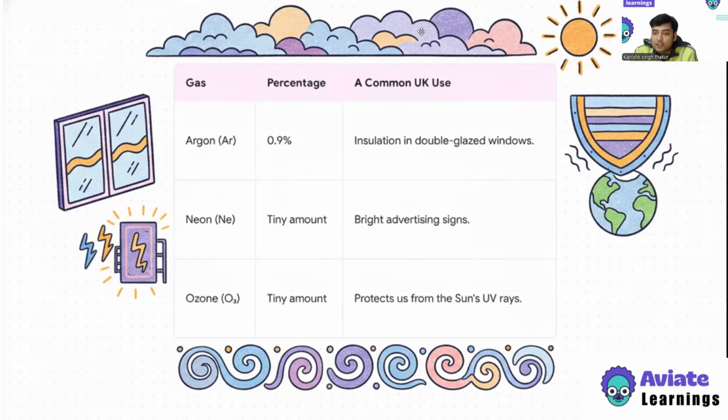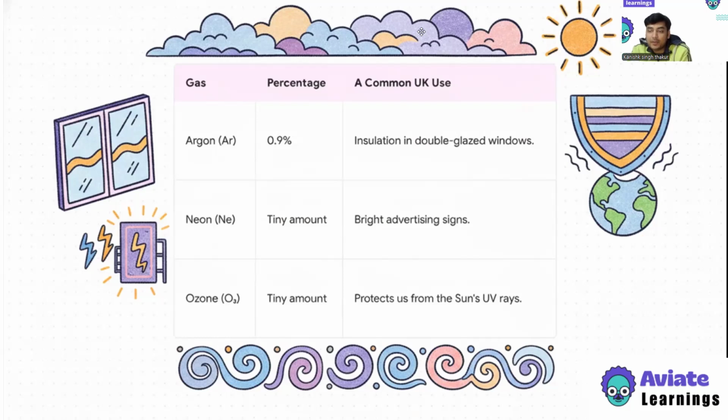So it traps heat, and we are able to maintain a warm temperature. If it were not there, the earth would be so cold.